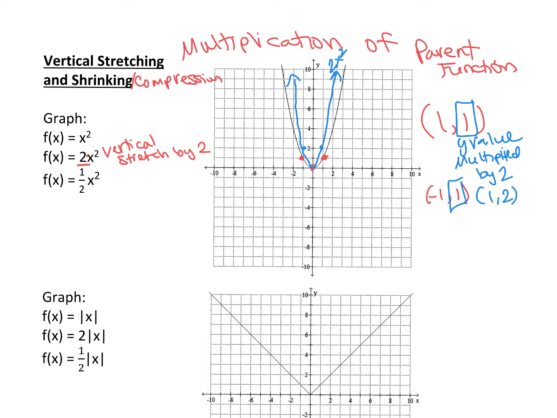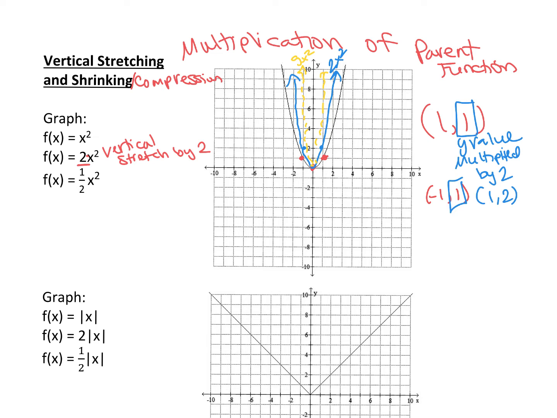If I was going to graph 5x squared, it would be even more narrow. And if I tried to do like 100x squared, it would be so narrow. It would be very difficult for us to even see it on our graph. We'd have to zoom to a certain zoom to see it. So the higher the number, the more it's going to be stretched.